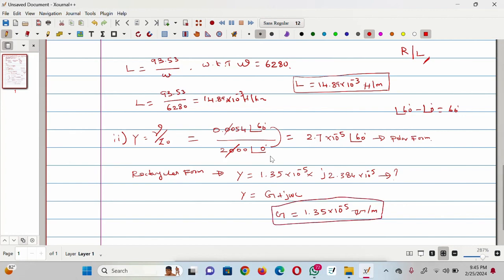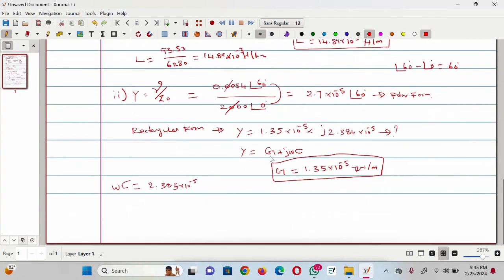So this is the value of G. Then equating the particular value, omega C equals 2.384 × 10 to the power of minus 5. So not omega L, omega C; you get the C value here.